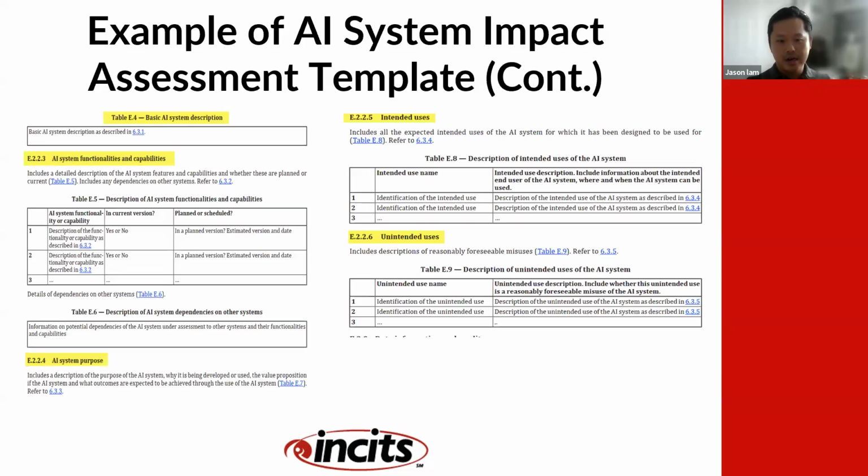The way that Annex E is broken down is that it starts off with just laying out general information of the AI system. And this example shows, with a basic description on the left-hand side, how an AI system can be written up, and it allows users to describe what an AI system does from a high level and how it works.